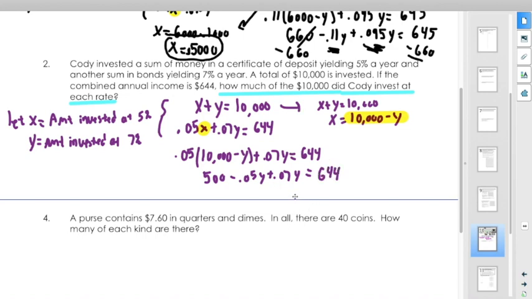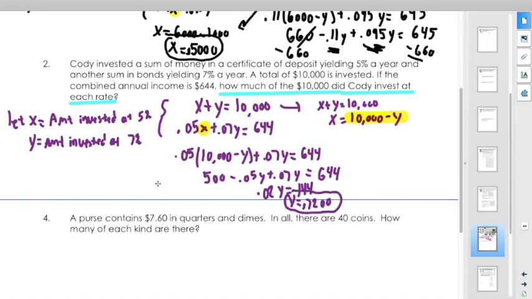Solving for y, I'm just going to skip a few steps here for time's sake. 0.02y equals 144. So y should equal 7,200. So y is equal to 7,200.